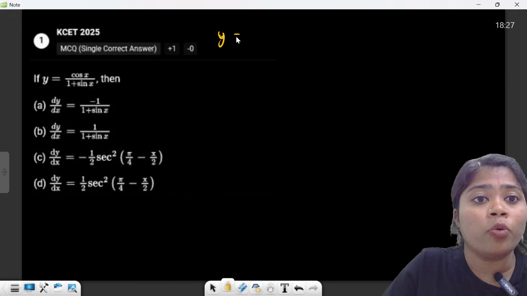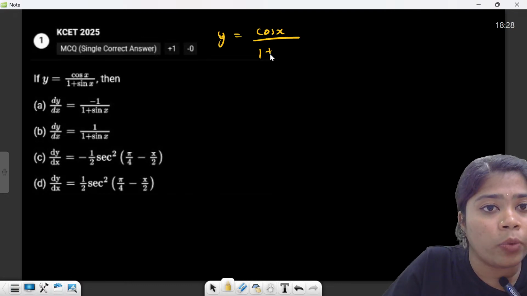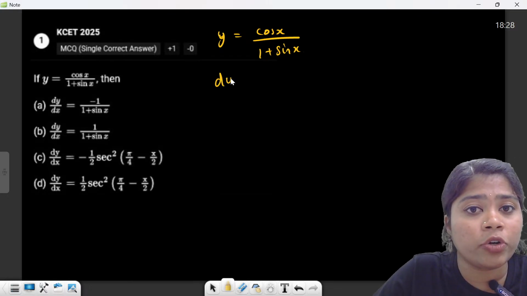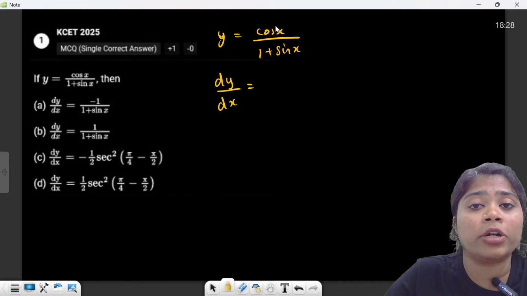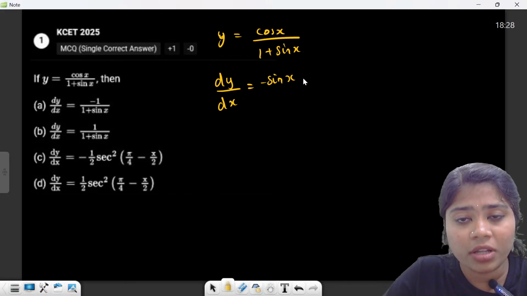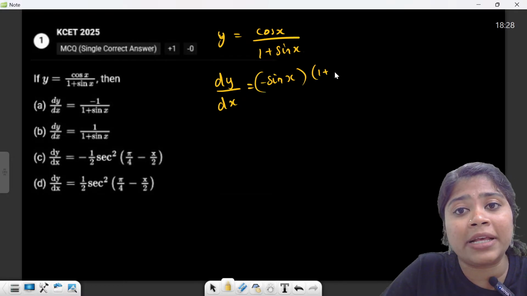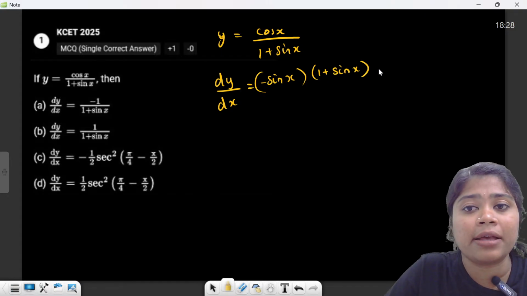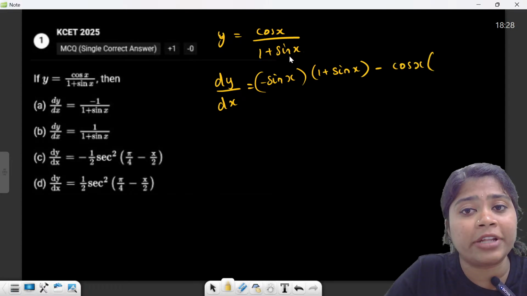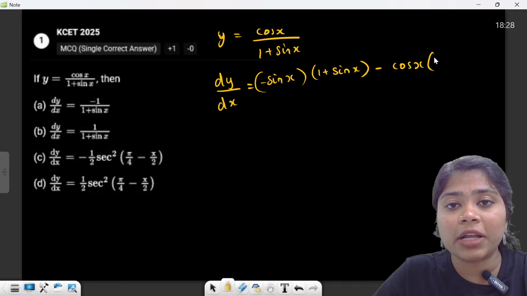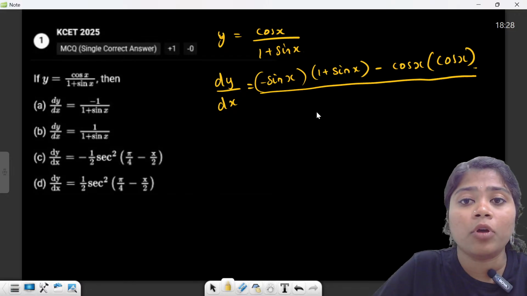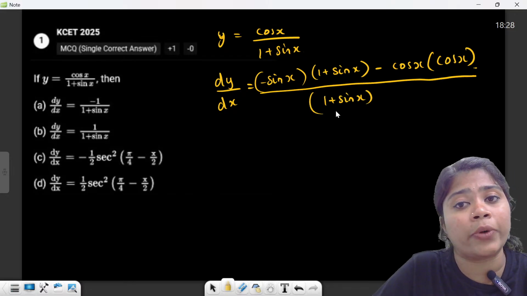Let me explain. y is equal to cos x divided by 1 plus sin x. So we want to differentiate this. So how to differentiate? You want to do dy by dx. So what is it? u by v. So cos differentiation is minus sin x, into 1 plus sin x, minus cos x, times 1 differentiation is 0, sin differentiation is cos x, divided by 1 plus sin x the whole square.